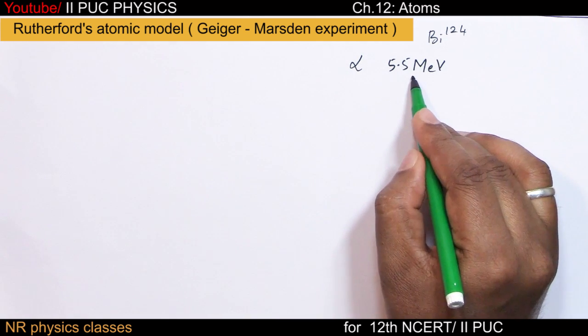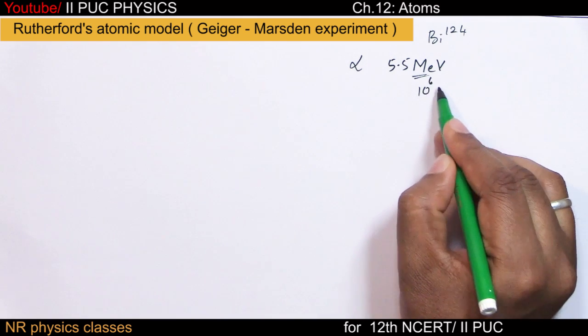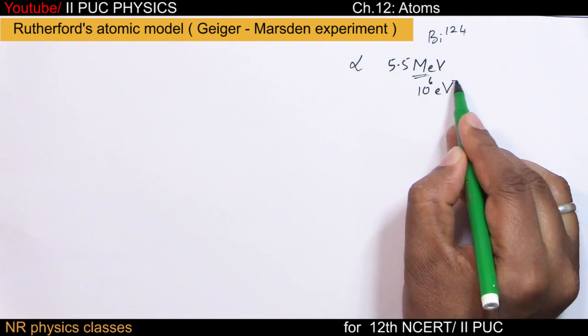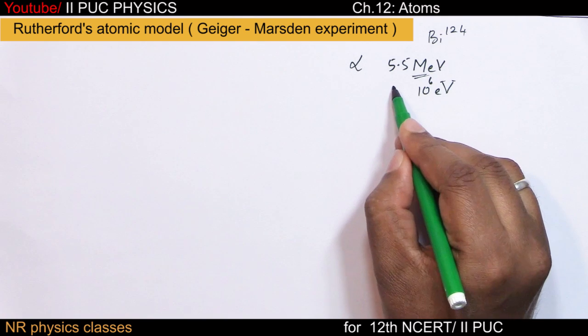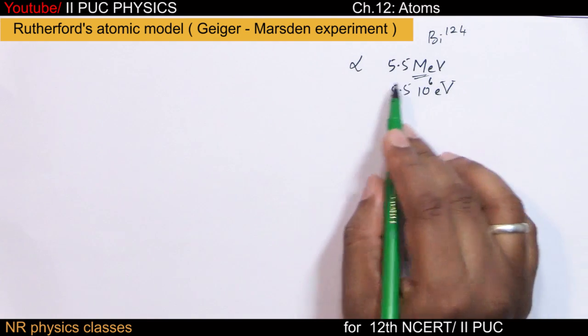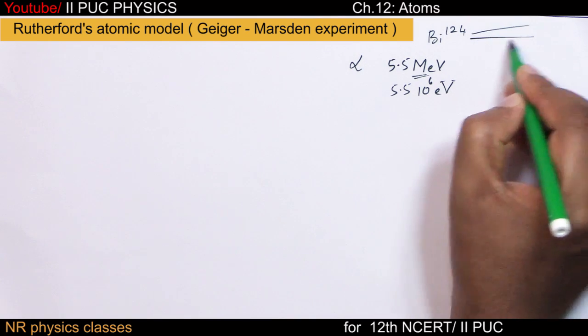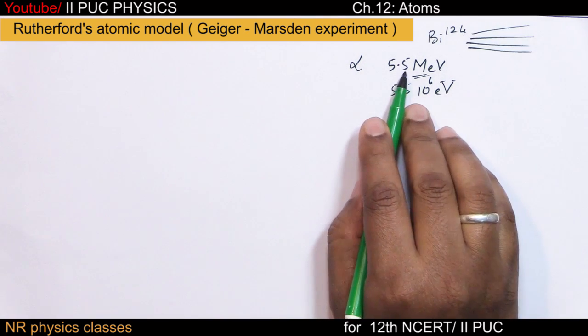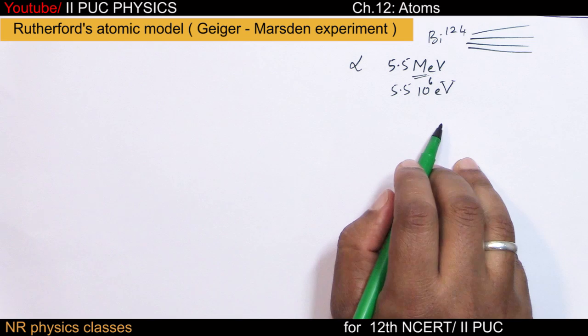M is mega, 10 power 6, electron volt is the unit of energy, isn't it? So 5.5. Most of the alpha particles emitted from bismuth are of this energy, 5.5 mega electron volt.